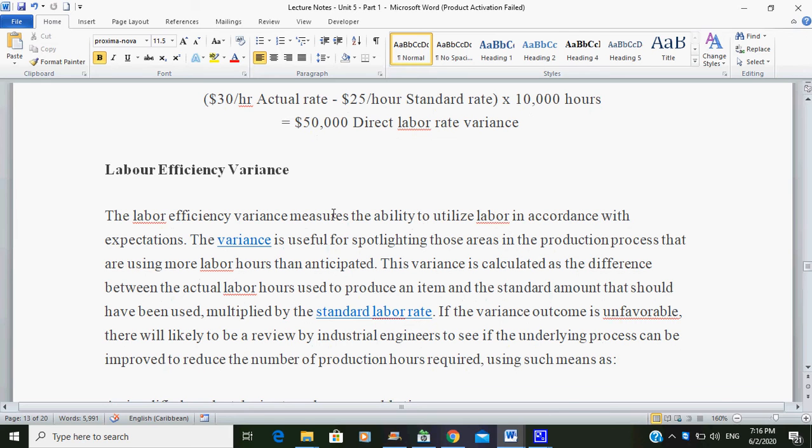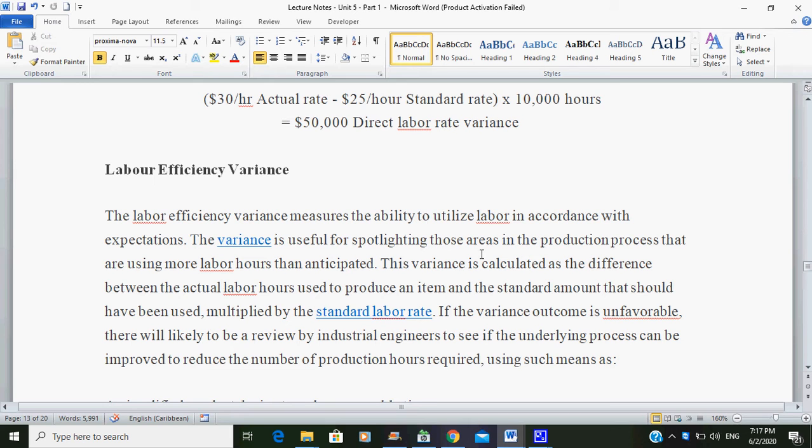The labor efficiency variance is calculated as the difference between the actual labor hours used to produce an item and the standard amount that should have been used, multiplied by the standard labor rate.